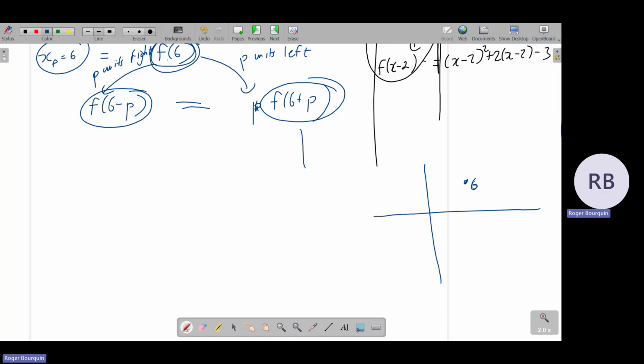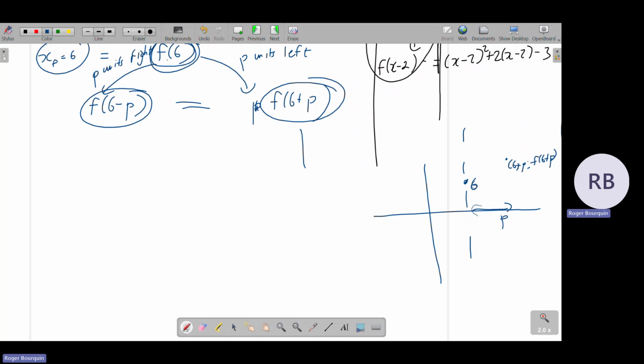A parabola is symmetrical about the x coordinate of the turning point. So if I take 6 and move it p units to the right, I've got 6 plus p. Then this point will be f of 6 plus p, if I go p units to the right. You with me?